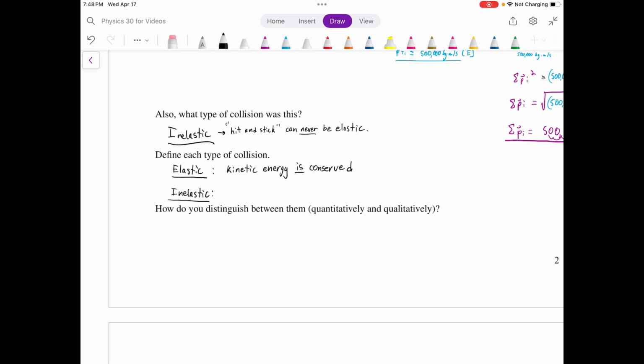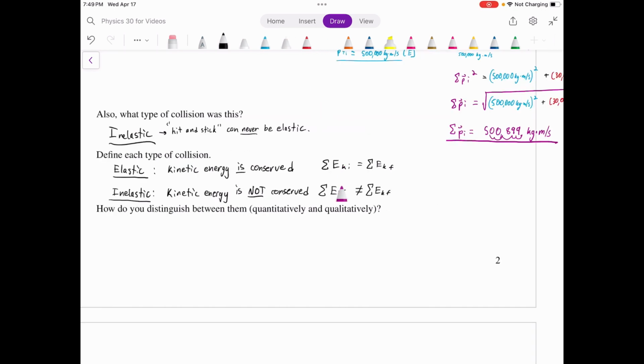Whereas in an inelastic collision, kinetic energy is not conserved. The total initial kinetic energy of all objects is not the same as the total final kinetic energy of all objects. Again, the total energy in all of its forms is conserved, because conservation of energy is another law of physics, right? But it doesn't all have to stay kinetic, and it also doesn't all have to stay in the system. It can leave as sound and heat and all that stuff.